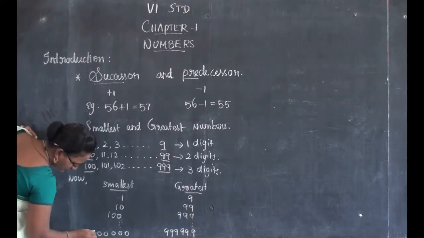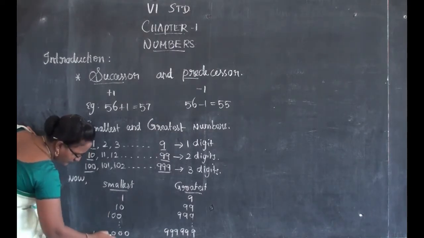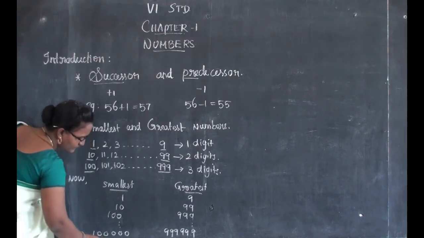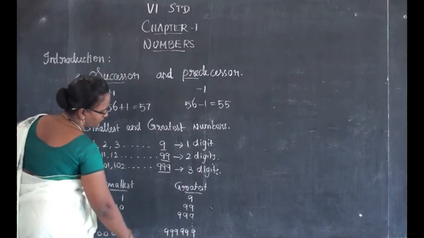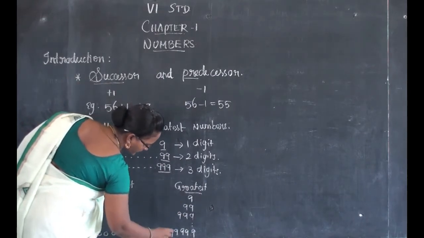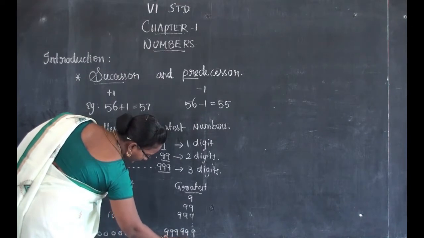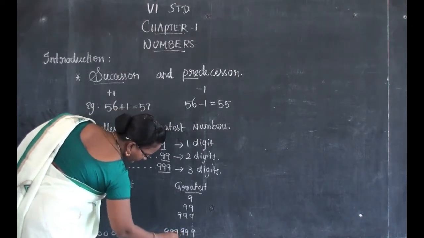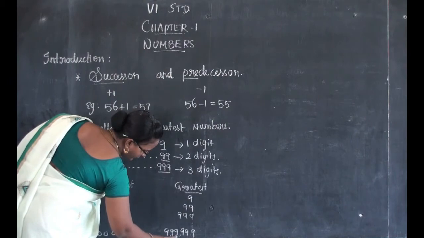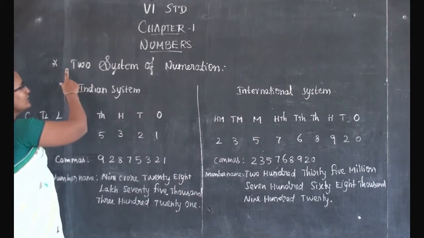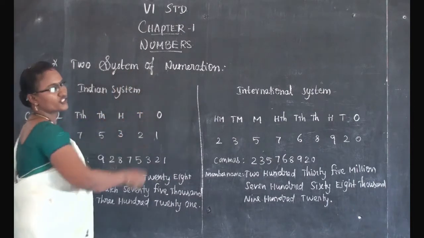The first number is 1 and the other numbers are 0. So 1 lakh is the smallest 6 digit number and the greatest number means all 9s. So 6 digit greatest number means 9,99,999.